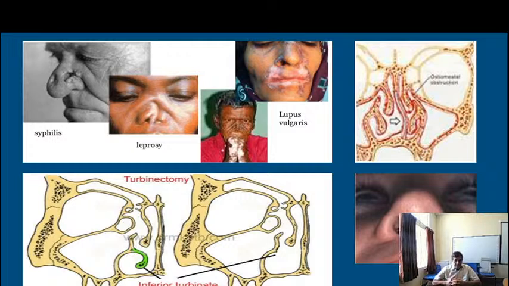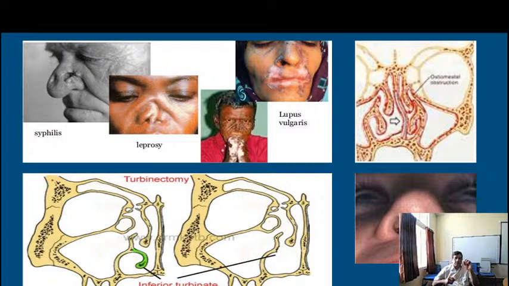In all these chronic granulomatous conditions, the pathology is endarteritis. As I told you, the wall of the arteries becomes thickened, and so the blood flow becomes small or reduced.